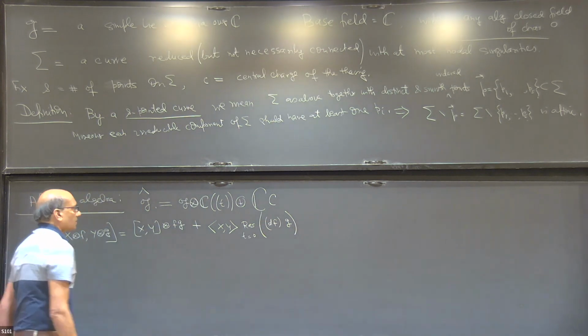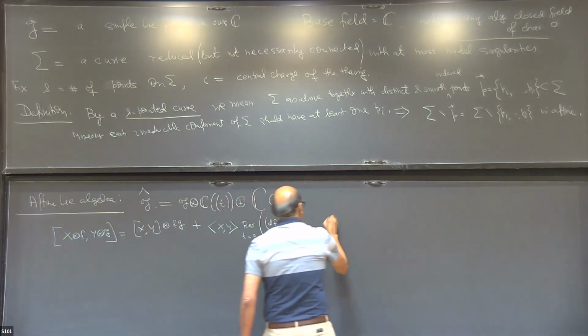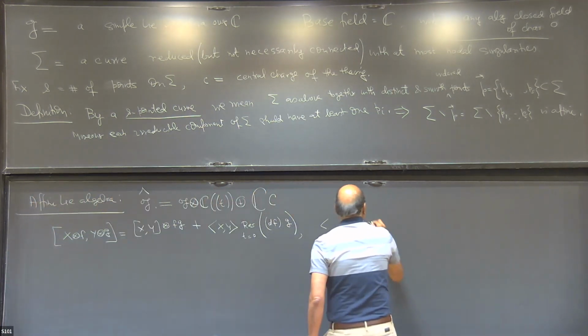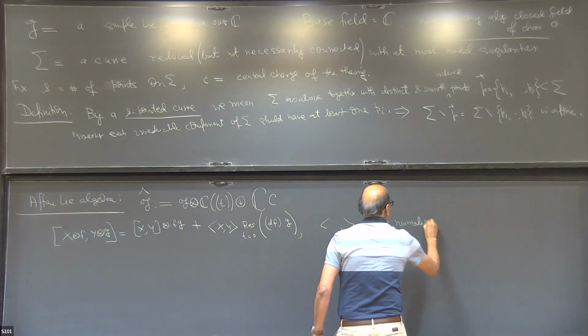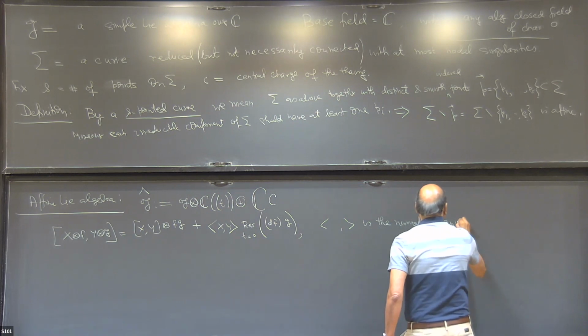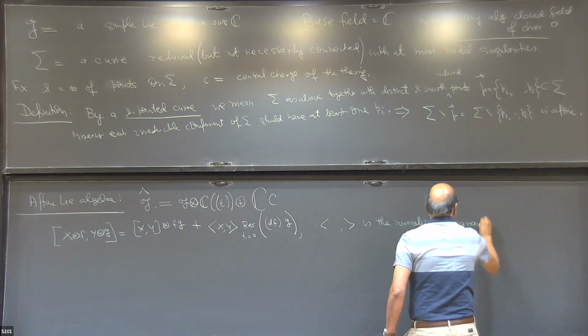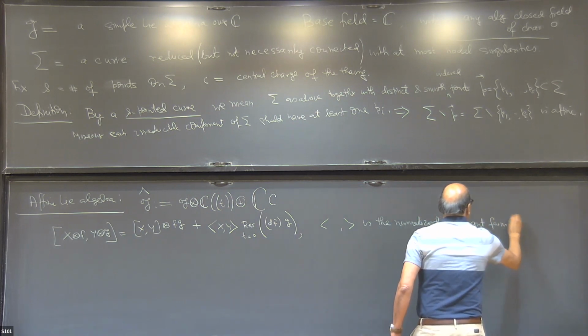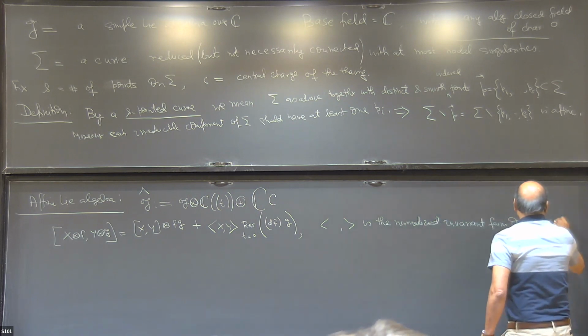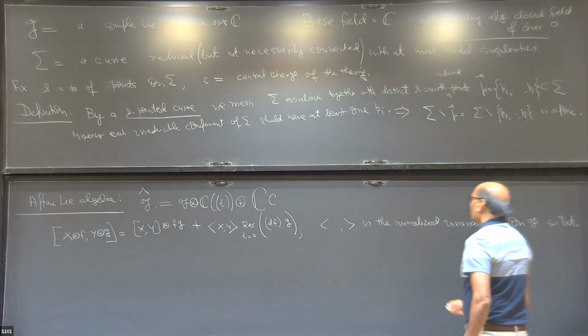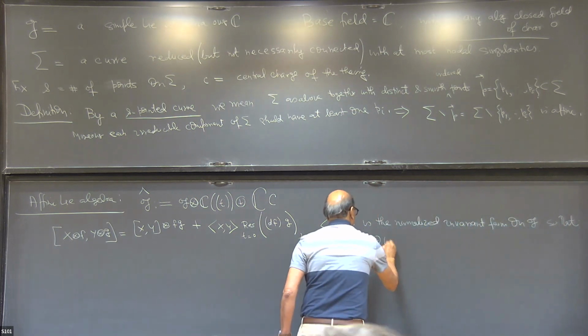What is this? Here this bracket is the normalized invariant form on G, so that if I take the highest root theta, the form of theta with theta is 2.